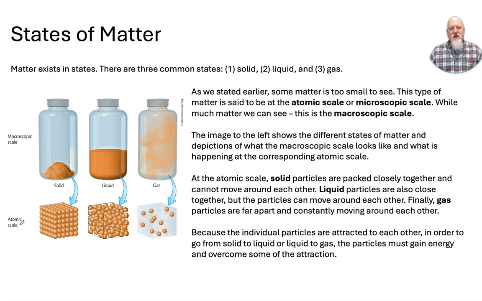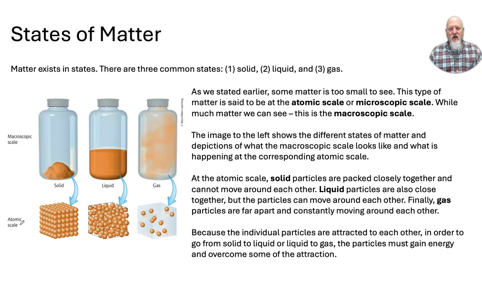You can see the picture here in the slide where we've got a depiction of a container that has a solid in it, a container that has a liquid in it, a container that has a gas in it. You can see the solid sits at the bottom of the container, kind of in a pile, and the image under that shows the atoms or molecules in the solid that are all very structured. They're all ordered, right?